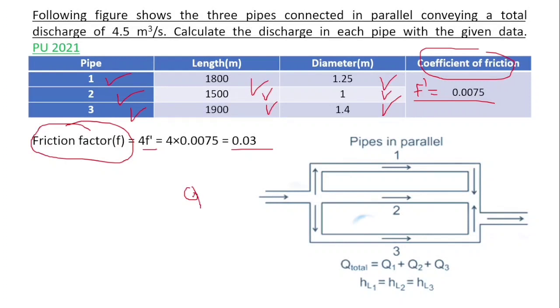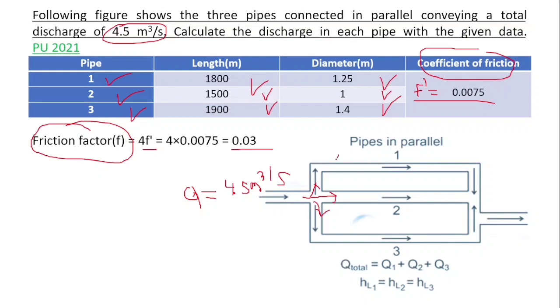The discharge Q is 4.5 meter cube per second, and it is divided into 3 parallel pipes.